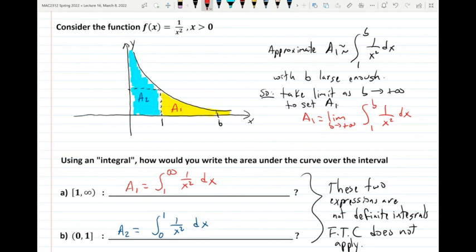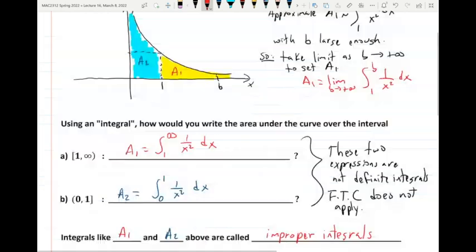Okay? So basically, when you see infinity, you replace it by a letter. I'm using b because typically we say from a to b, but you can use your favorite letter. When you see the infinity, you replace it by a letter, and then you take the limit as that letter approaches infinity. That's it. And if it were negative infinity, it's the same idea, just that you take the limit as it goes to negative infinity. So let's do it.